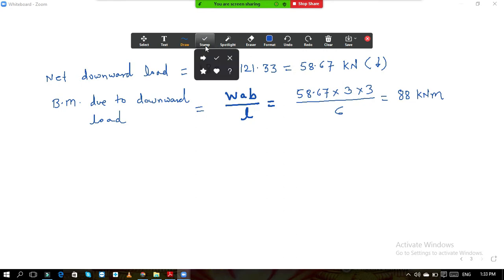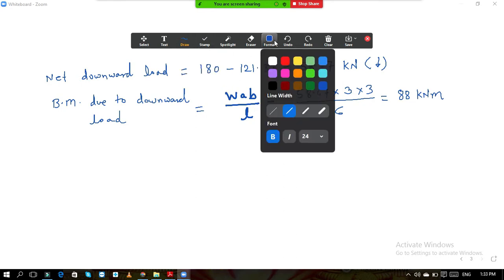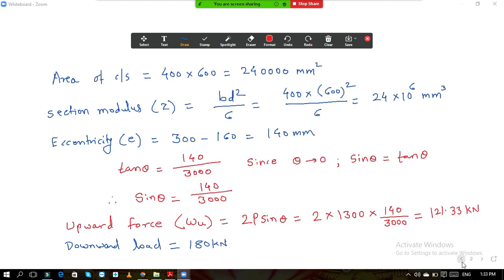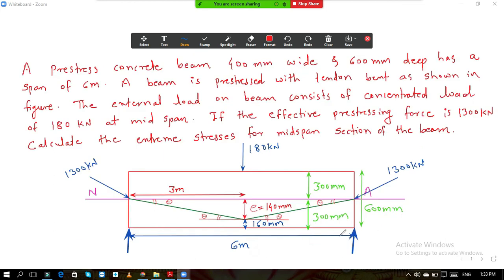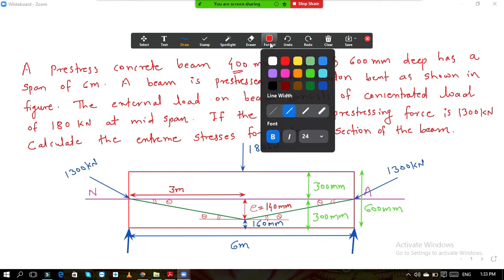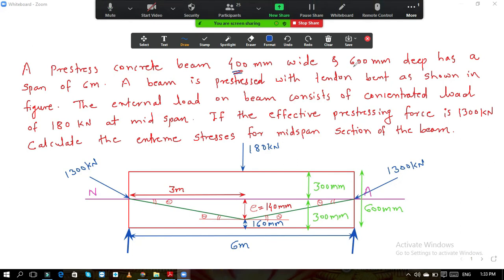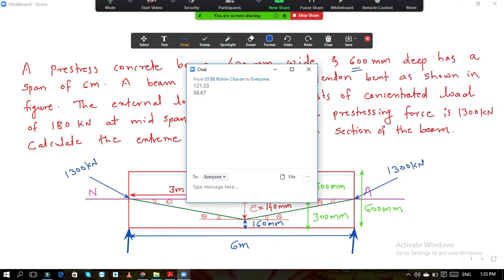Now in addition to the downward load, we have the self weight of the beam. So I will write here dead load of beam. That now we need to calculate. How to calculate that? Assume the length is 1 meter, and we know the cross sectional dimensions, 400 by 600. This is your cross section.